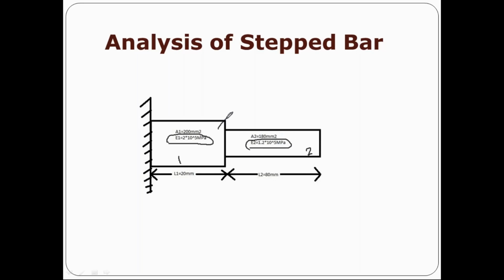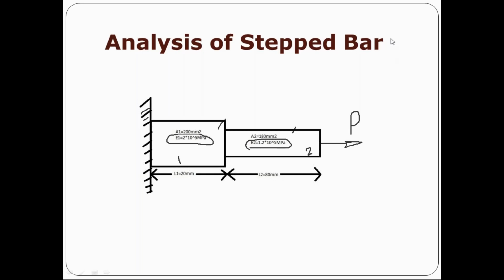It means these two are having two different materials. And then we can apply some load at the free end. We can call it as P. Then one end of this step bar is fixed. So how to fix this step bar and how to model it in ANSYS, these things today we are going to learn.